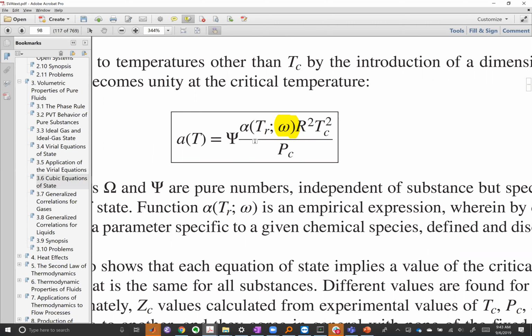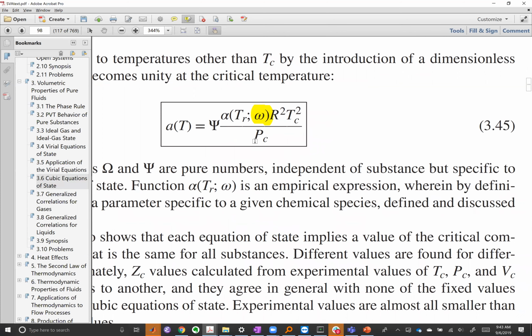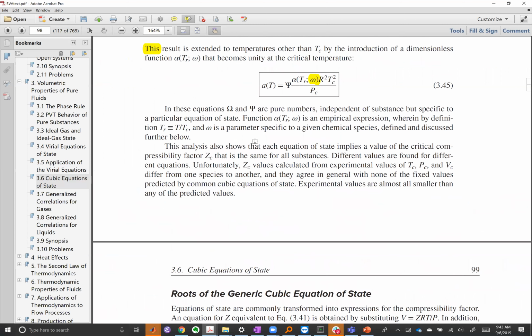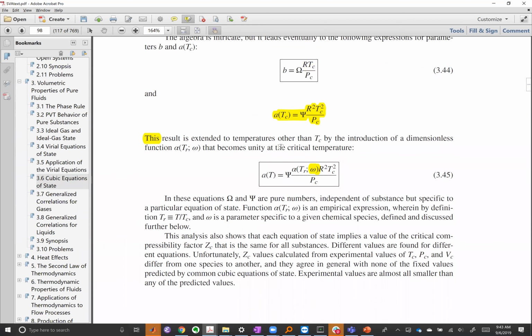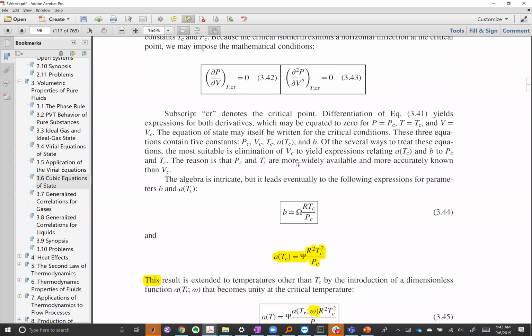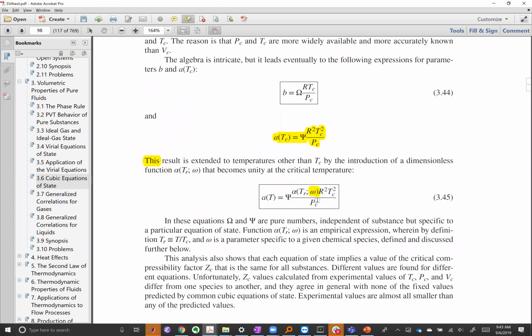But it's basically one extra parameter that accounts for molecular uniqueness of various gases. And so depending on which equation of state you use, you get to include an omega or not, and you're generally going to expect that the equations that include the omega term are going to be more accurate because they're accounting for more of the specific details of the actual gas that you're using.